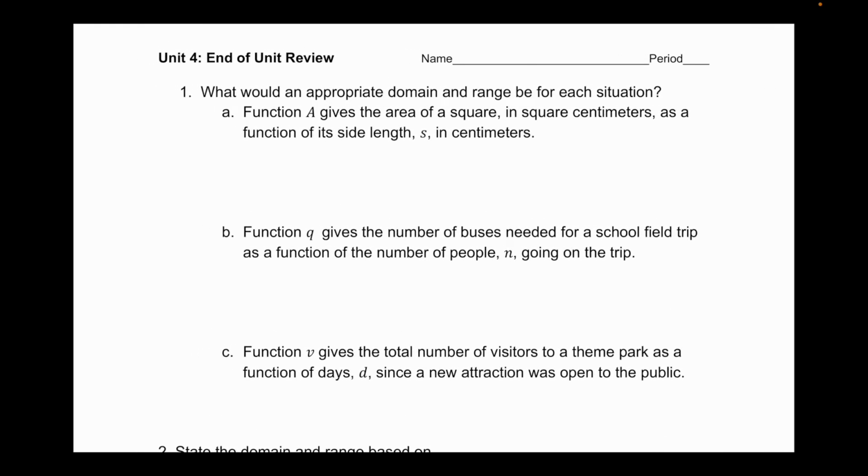So looking at question 1, we're asked what would be an appropriate domain and range for each situation. Function A gives the area of a square in square centimeters as a function of its side length s in centimeters. For domain, that is basically all possible input values.